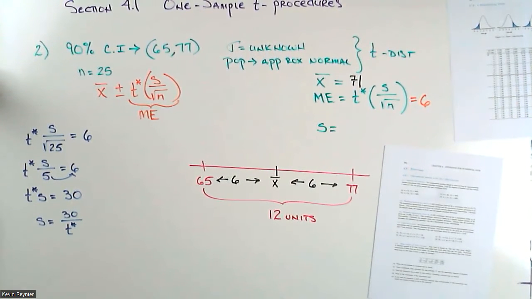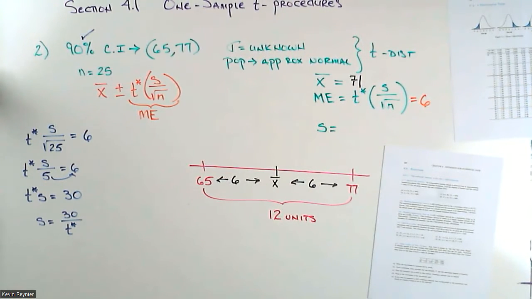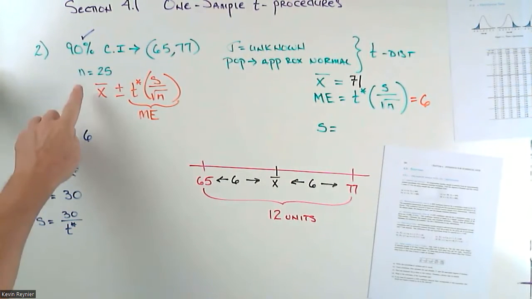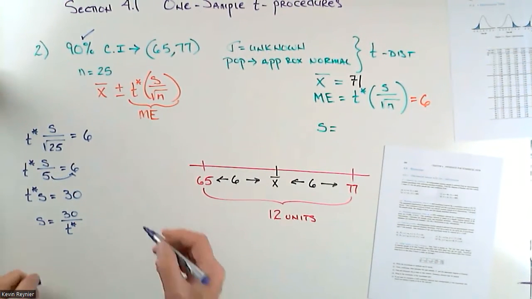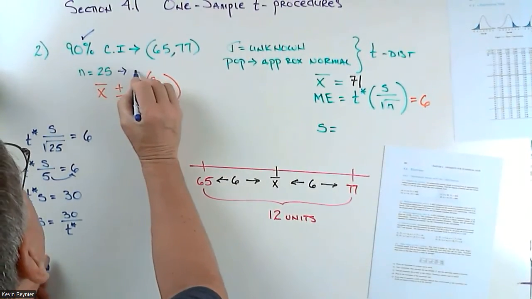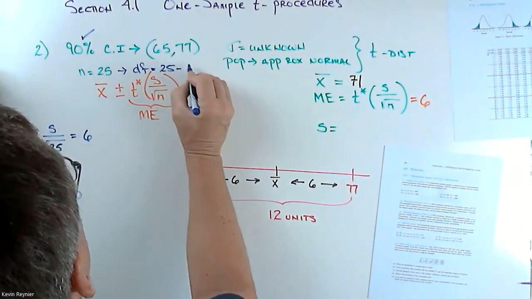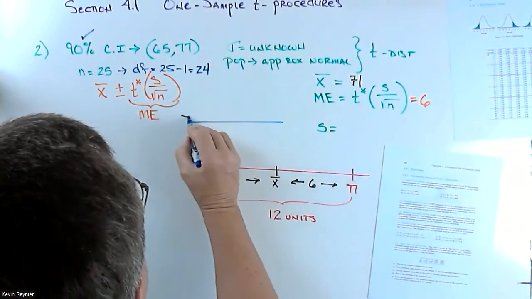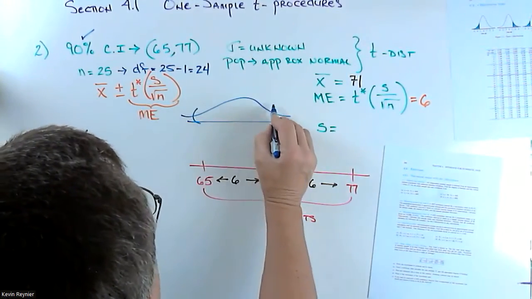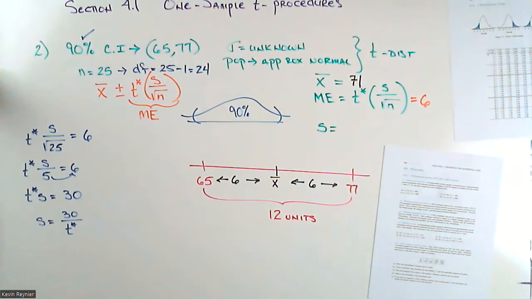Now, they didn't give us t star, but we can find t star. We know our confidence level is 90%. We know our sample size is 25. That means our degrees of freedom is n minus 1, which is 24. If we think about what it means to make a 90% confidence interval, we're back to problem number 1, aren't we?